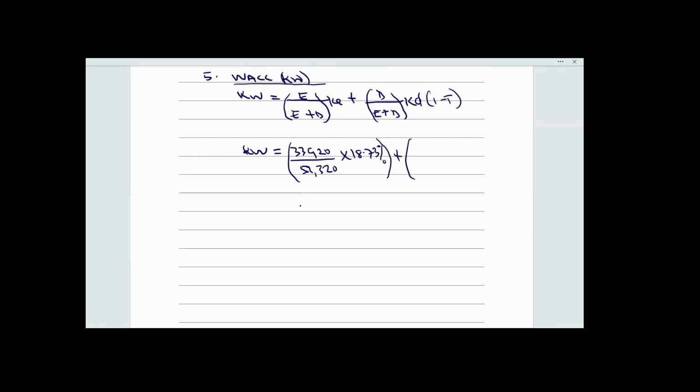The debt value is 17,400, multiplied by cost of debt.